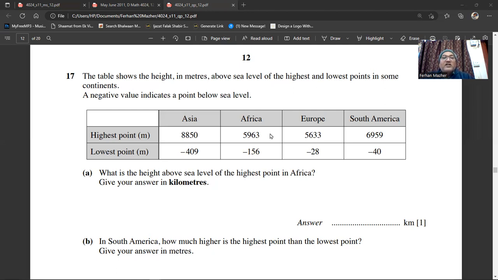What is the height above sea level of the highest point in Africa? Give your answer in kilometers. In Africa, the highest point is 5,963 meters above sea level. When you want to convert it into kilometers, you divide it by 1,000.